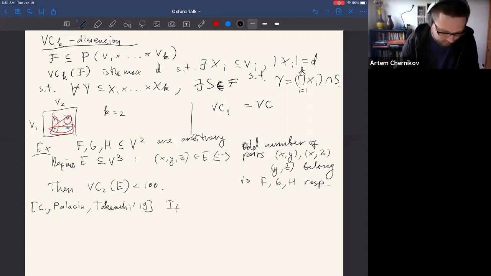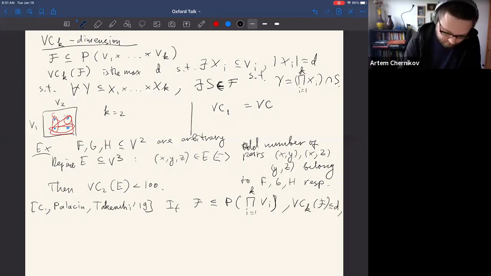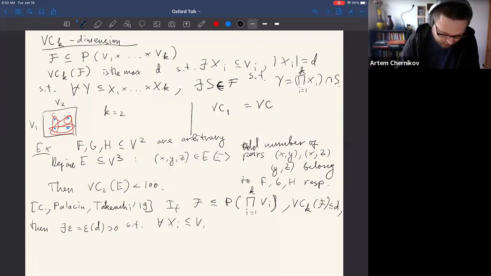Namely, if F is a family of subsets of a product of k sets such that the VCk dimension of this family is bounded by d, then there exists some epsilon depending just on this d, bigger than 0, such that for all Xi subsets of Vi, all of size n, we look at boxes with all of their sides of size n, and we ask how many sets are cut out by the family from such boxes.